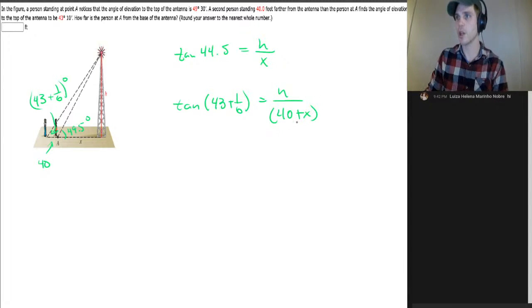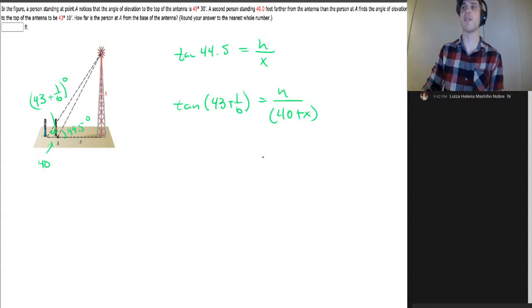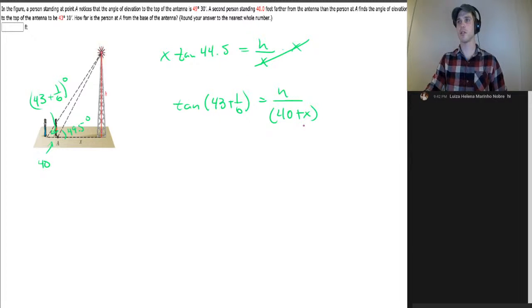Okay, so both of these things have an h in them. So I'm going to multiply this on both sides by x to get h.